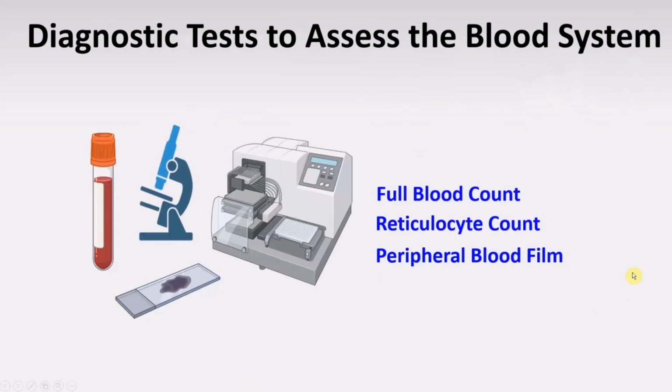So yes, that sums up the three main diagnostic tests that we will be learning for this recorded session. How we will be applying them to assess the blood system is what we are going to do in the live discussion later on. So please attend the live discussion so that we can reinforce your learning from here onwards.